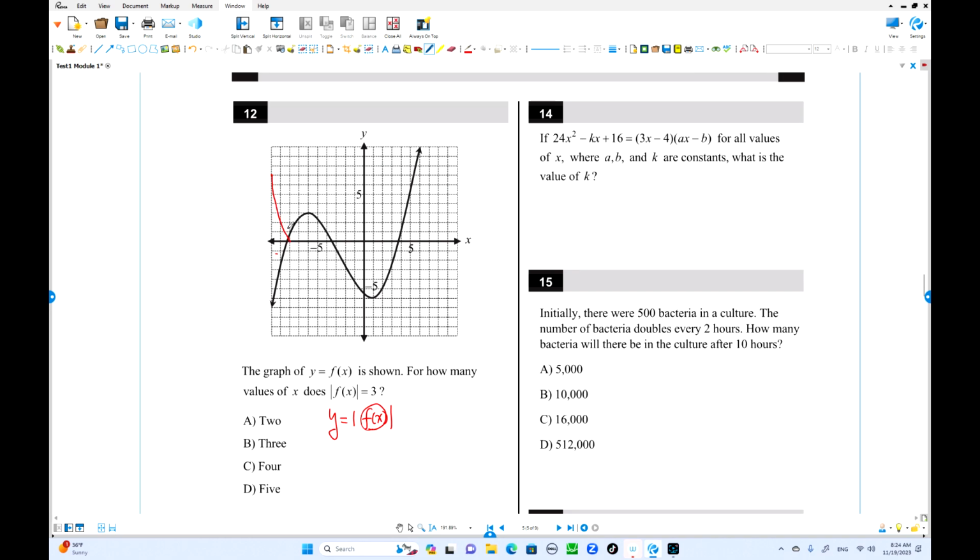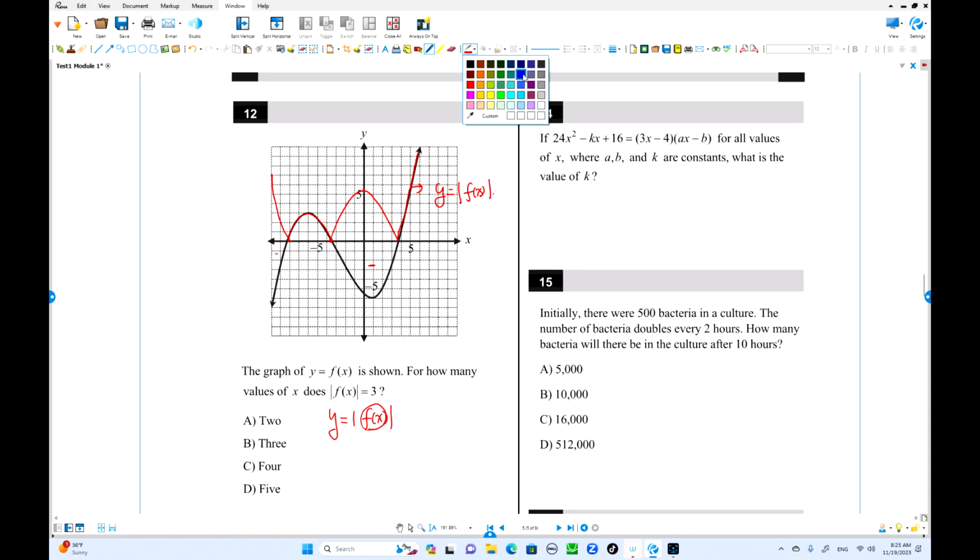That is the graph of the absolute value. This is already positive, that's fine, you don't have to change it. But this was still negative over here, so we're going to make it positive, reflecting around over here. It looks like this. And here, this is already positive. This is the graph of y equals absolute f of x.